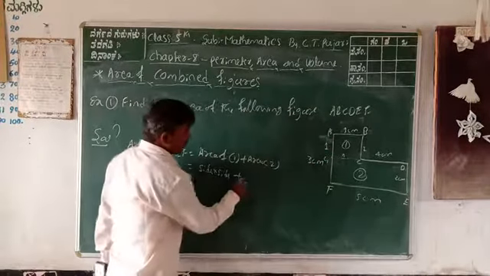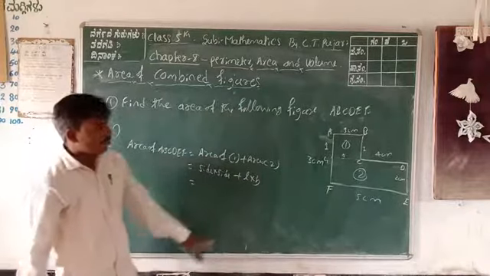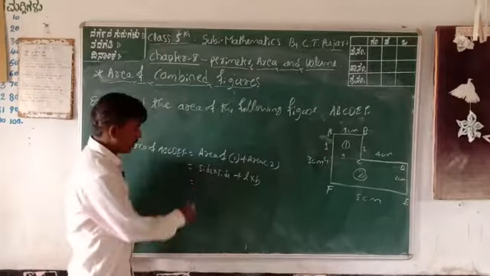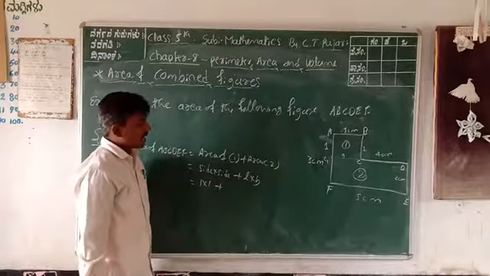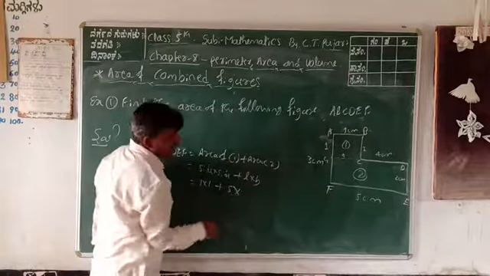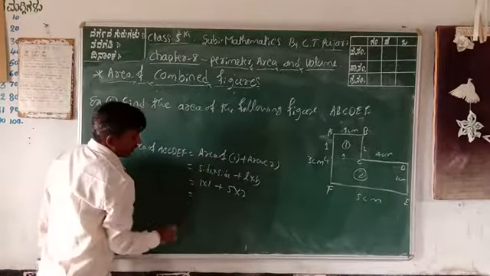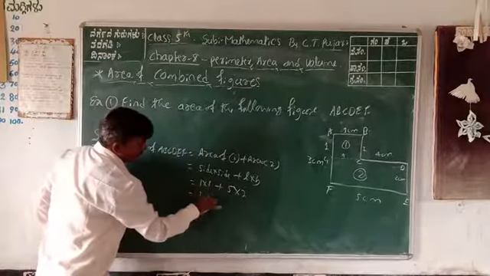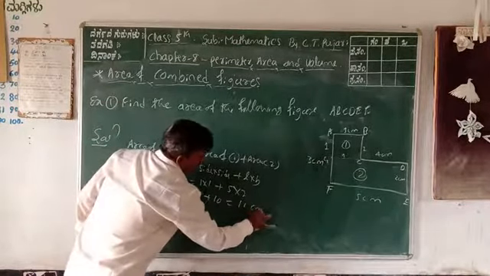EF is 5 cm. Put the values. In the square, all sides are only 1. 1 into 1 plus length is 5 into breadth is 2. Therefore, 1 into 1 is 1 plus 5 2s are 10. Therefore, total is equal to 11 centimeter square.